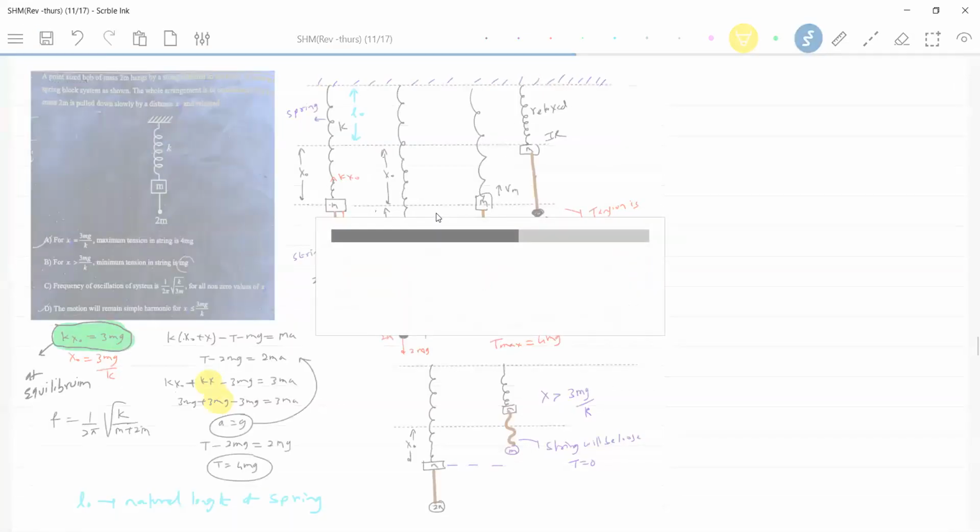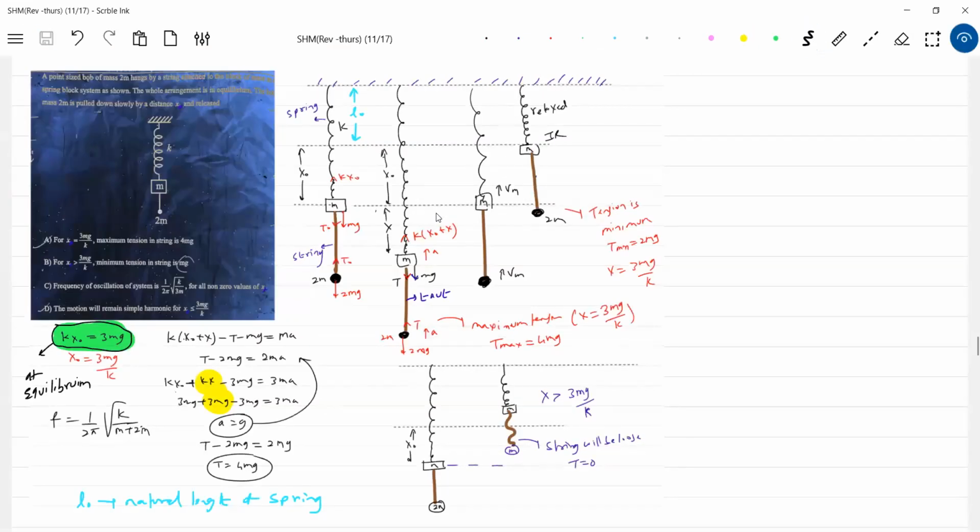The other condition is given: when x equals 3mg by k, when you pull this block by distance x. It asks for the condition where this tension will be maximum, that is 4mg. The tension in the string will be maximum only when the block 2m is at the lower extreme.